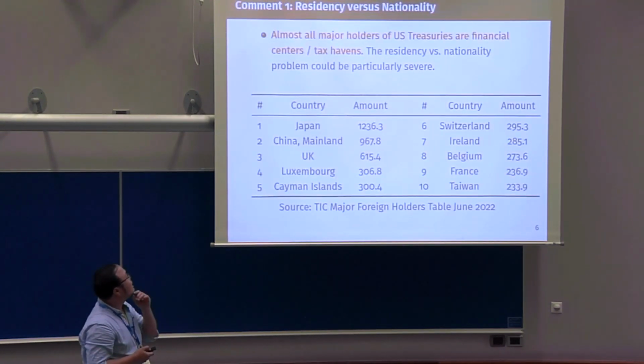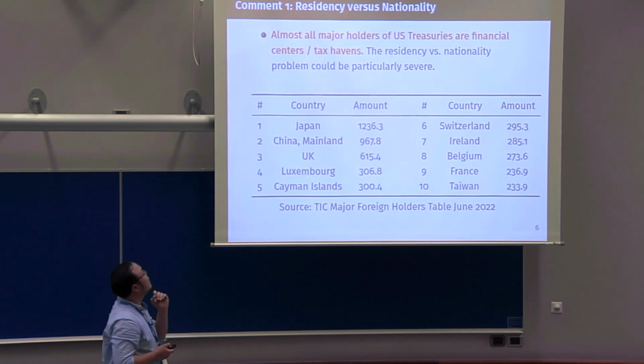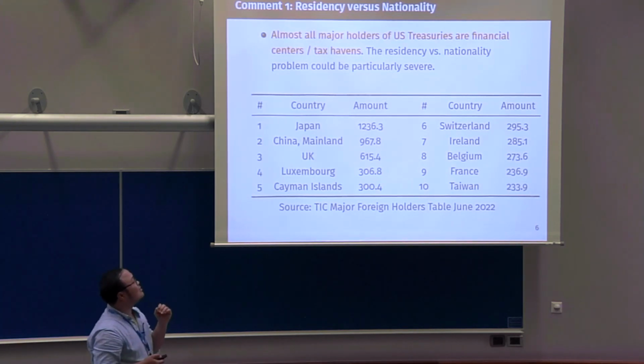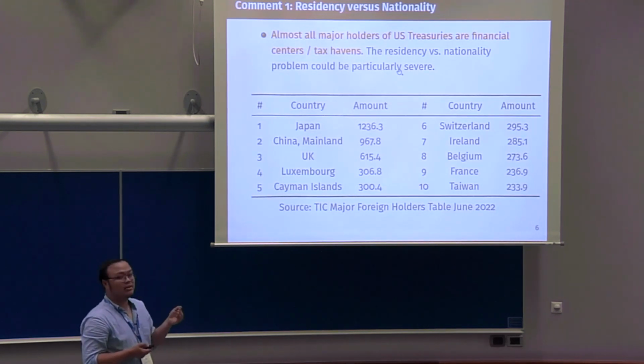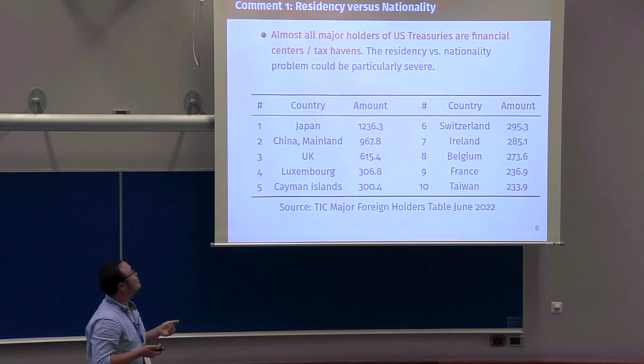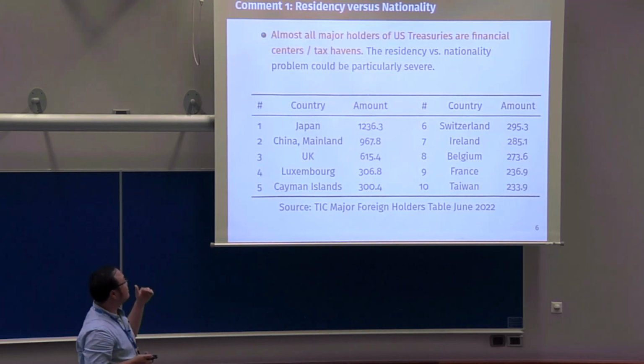Okay, so I will make 3 comments. So one, sorry to go back to this, but I think the residency versus nationality issue is going to be big here. And I'm going to be a little bit more pessimistic about whether this can be solved or not. But here is just from the TIC major foreign holders table. So this is very aggregate data looking at foreign holders of treasuries ranked by size.